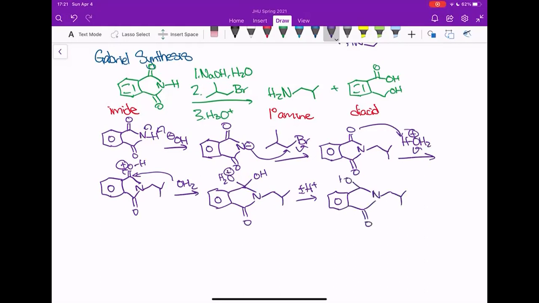With proton transfers, the reagents are like the base and acid water, or I can draw it out. Generally it probably would happen in 2 steps. So first some water would come in to deprotonate right here.